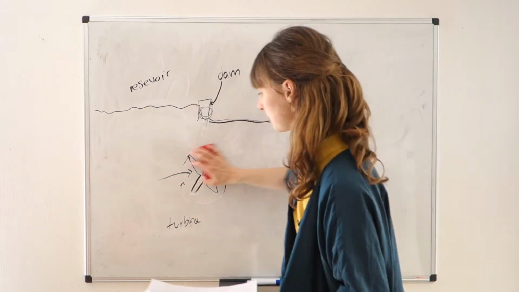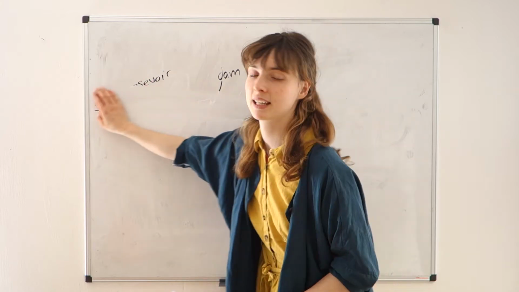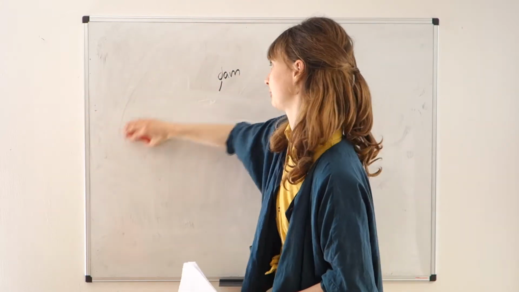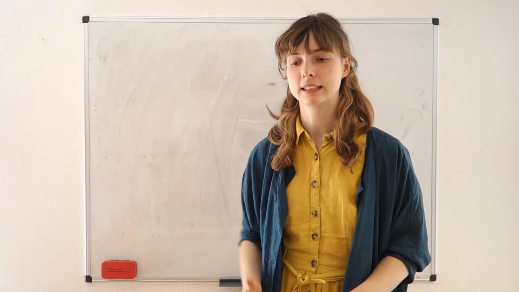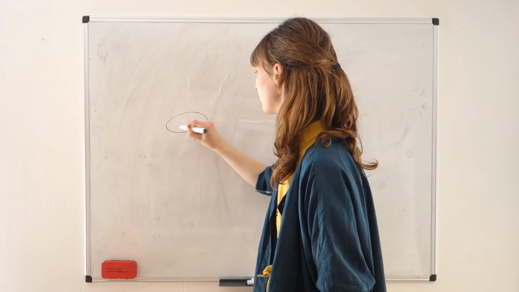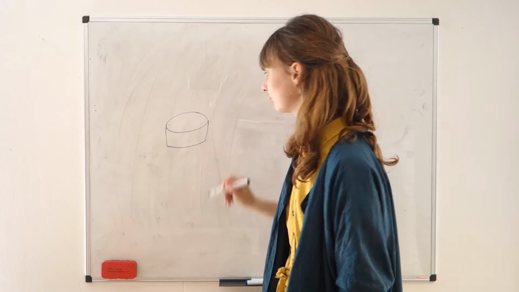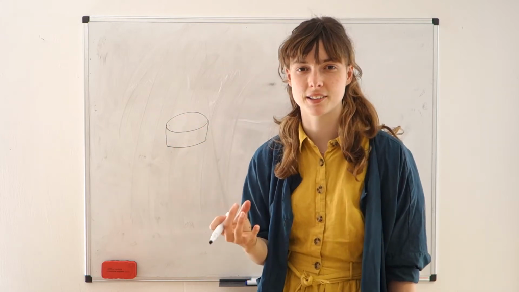The second thing that we need to go over is the difference between the cross profile of a river and the long profile of a river. So a cross profile is like a slice of the river. Imagine you've got a cake. And that cake's got a really good icing.